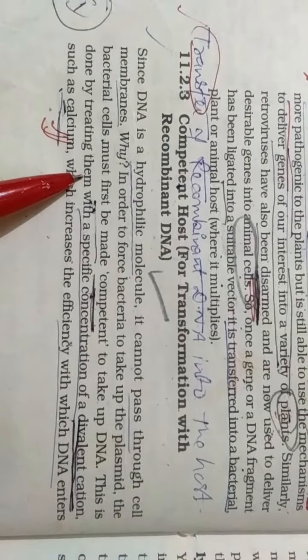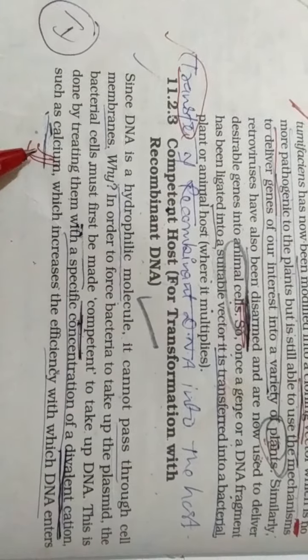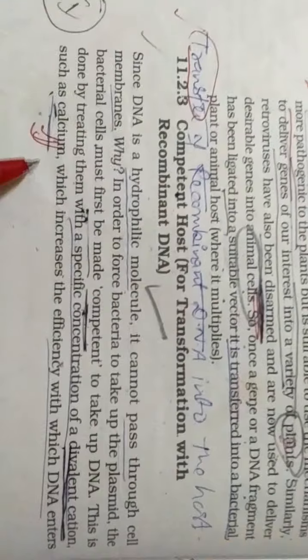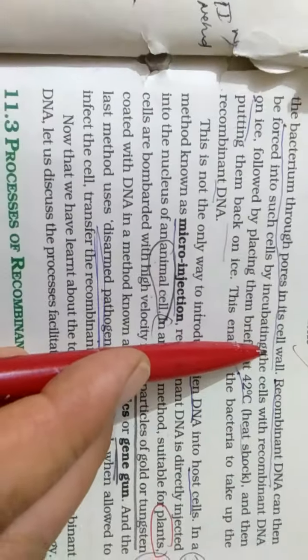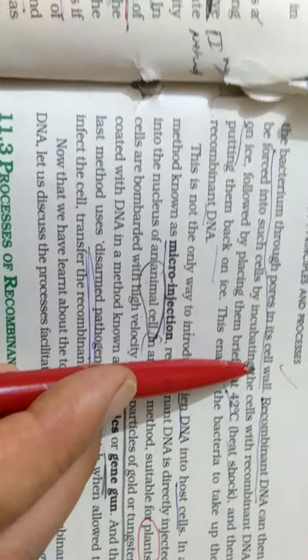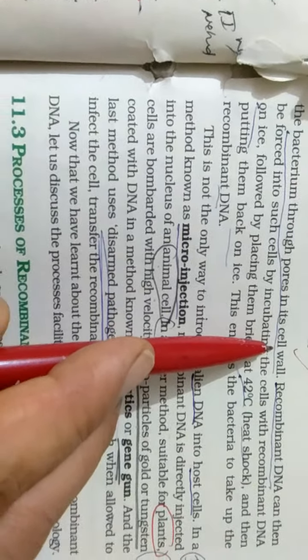So it is treated with a specific concentration of divalent cations such as calcium. This calcium will increase the efficiency with which the DNA enters the bacterial cell by increasing the pores in the cell wall. How does calcium act? It will increase the pore size in the cell wall.